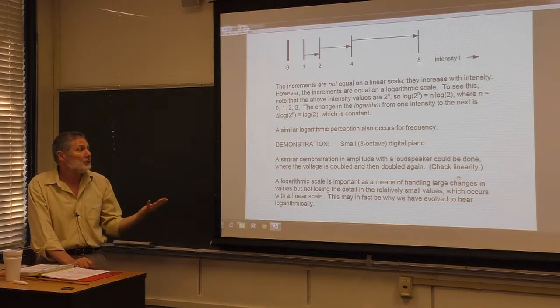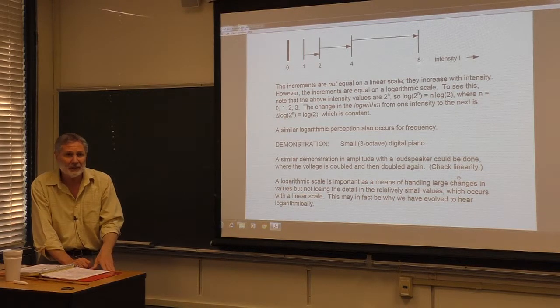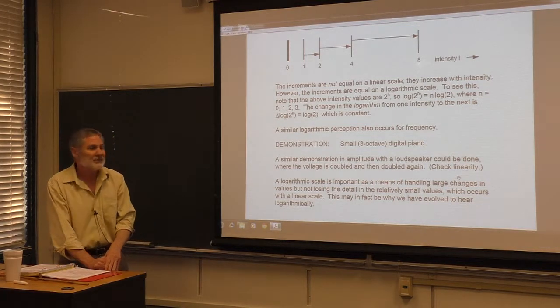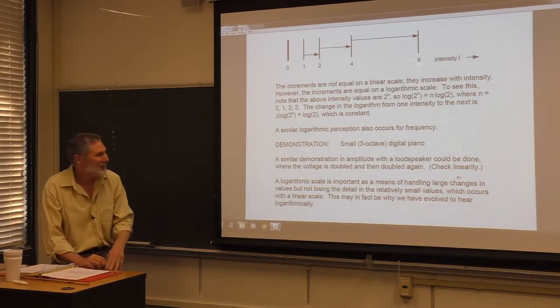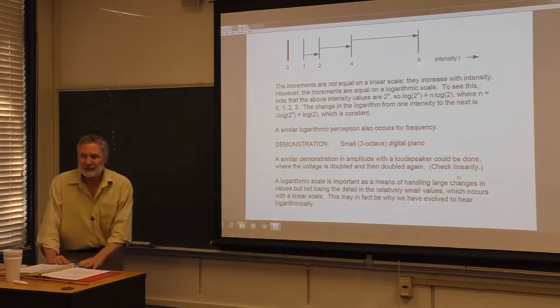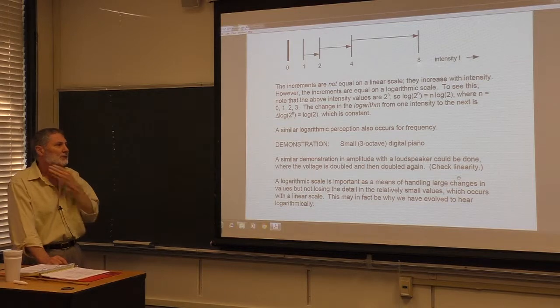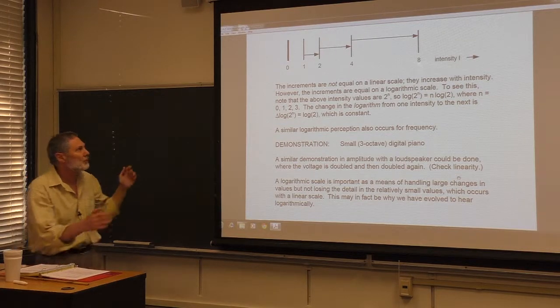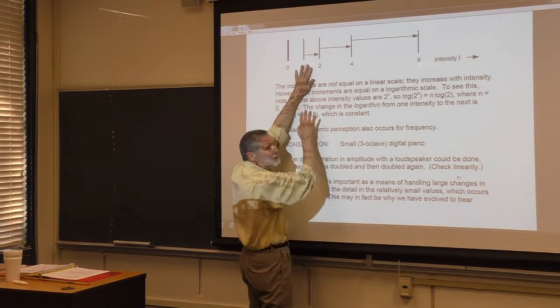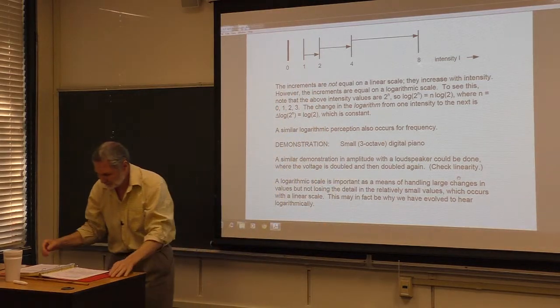And the people who heard that way, they got killed, okay? They didn't make it. They got eaten by saber-toothed tigers. That's what we sometimes say. I don't know this for a fact, but it's a natural suspicion that we hear logarithmically, so we can compress these huge scales without losing information down here at the lower levels.